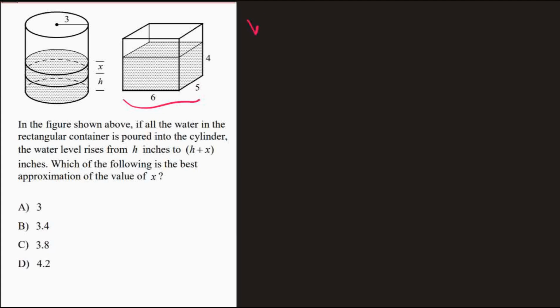So the volume of water in the rectangular container is 6 times 5 times 4, equals 120 cubic inches.